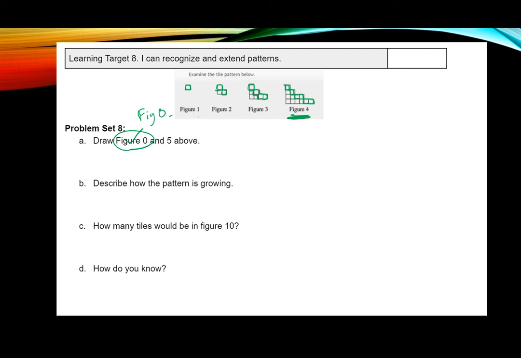So here we increase by 2 because we're going from 1 to 3. And then we increase by, let's see, 1, 2, 3, 4, 5, 6, 7. Increase by 4. Then we have 1, 2, 3, 4, 5, 6, 7, 8, 9, 10, 11, 12, 13.